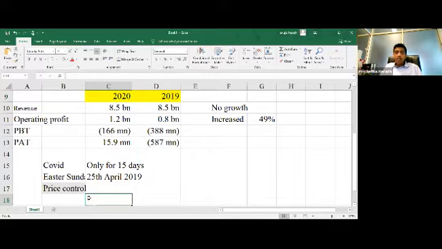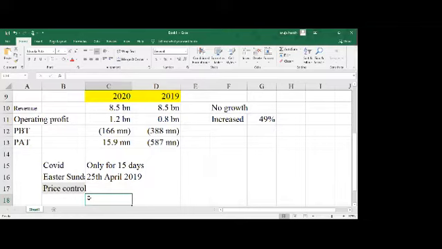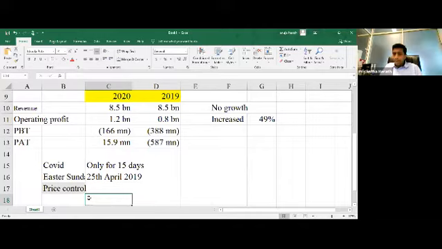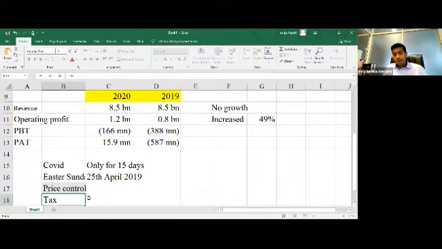Any other impact, any other macroeconomic factor impacting their business in these 2 years? Tax revisions after the presidential election? Yeah, tax revisions, yes. Okay, tax revisions, changes in tax.